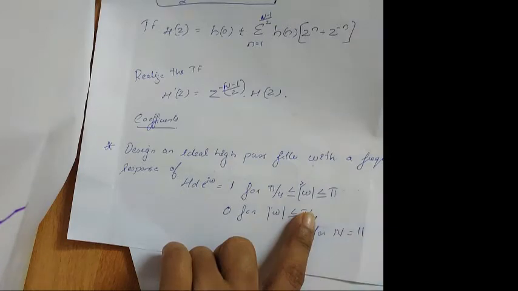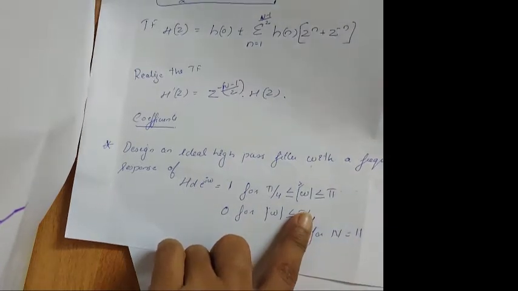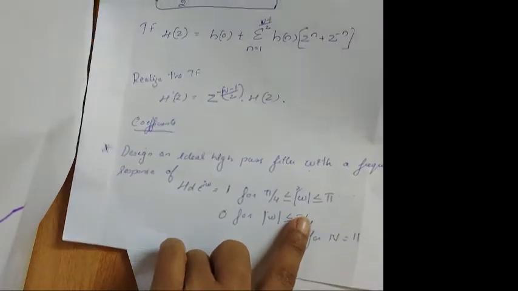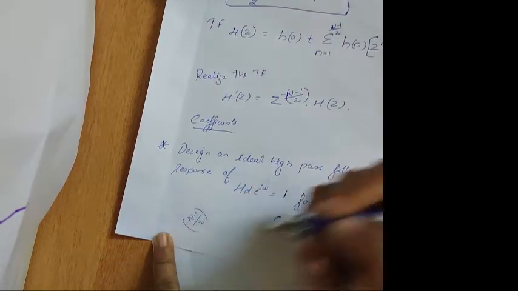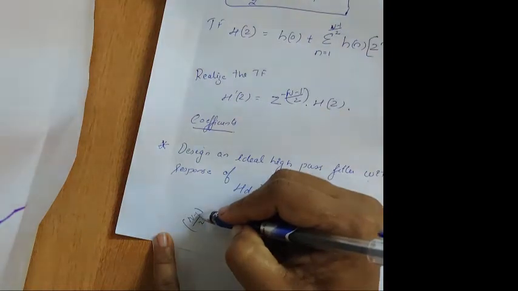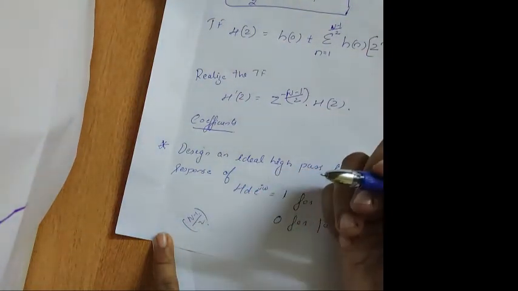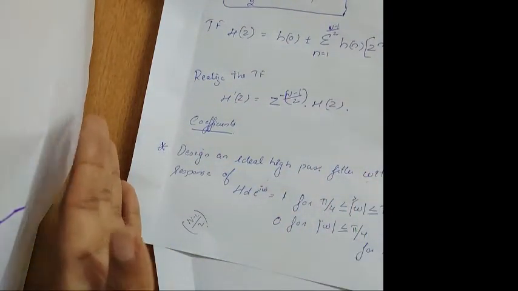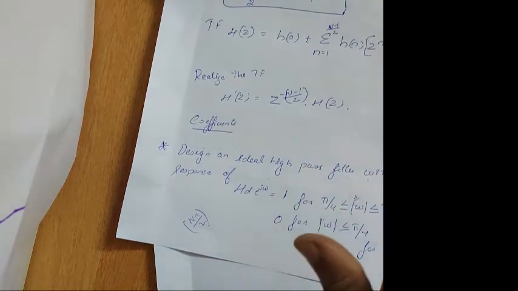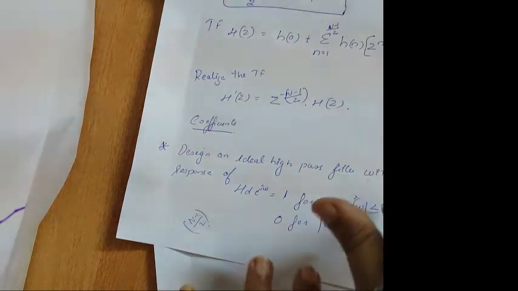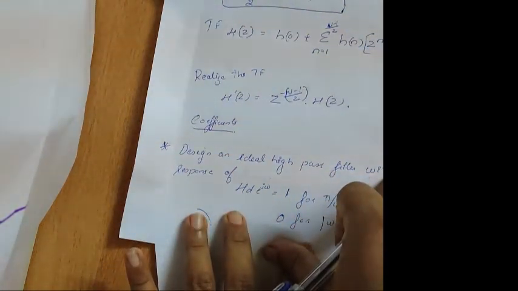Here we have to understand one more thing. This is a symmetric condition. If it is a symmetric condition, then you have to find (N minus 1) by 2 samples. If it is 11, 11 minus 1 is 10, 10 by 2 is 5 samples you can find, and the negative 5 samples will be the same. Okay, so this is a symmetric condition. If you are designing an ideal high pass filter, it should be symmetric in nature.